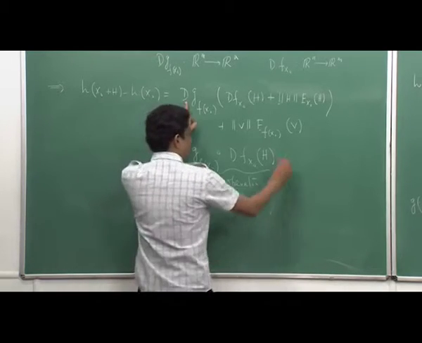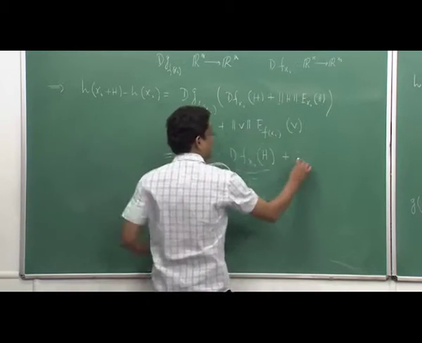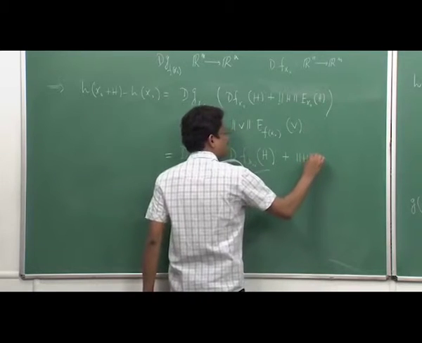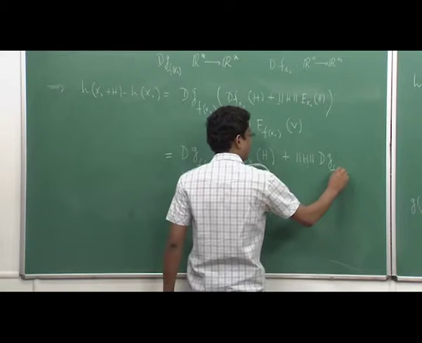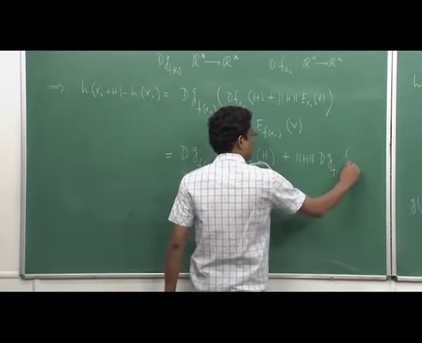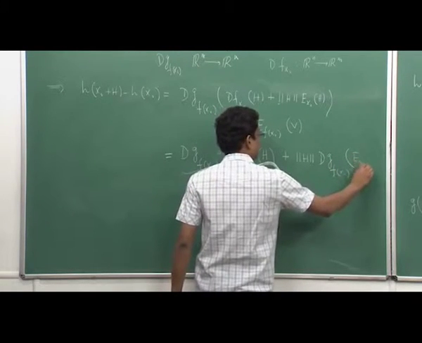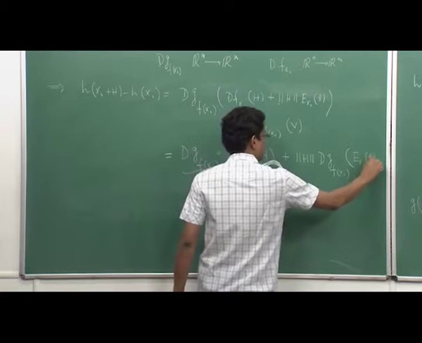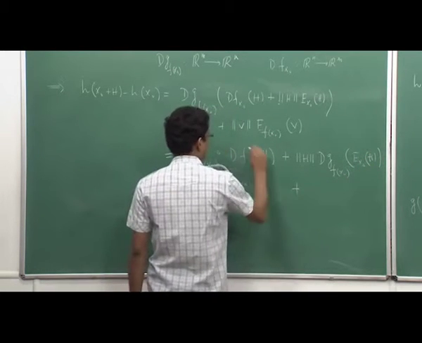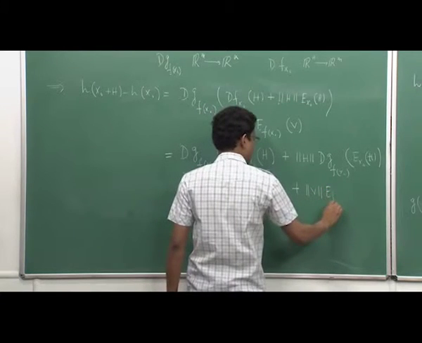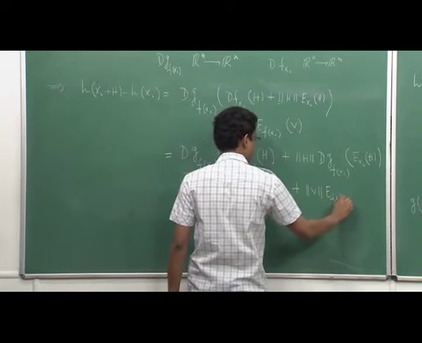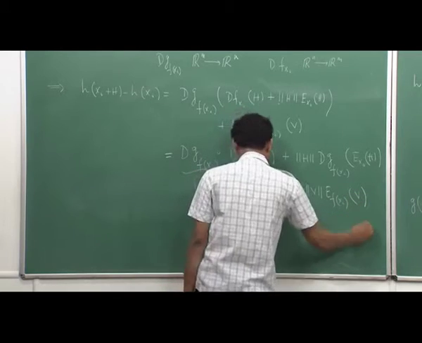Okay, this is linear. So, linearity will play here. This is a scalar comes out. So, this is d g f x naught acting at E x naught h plus I have the remaining term V, f x naught, v.